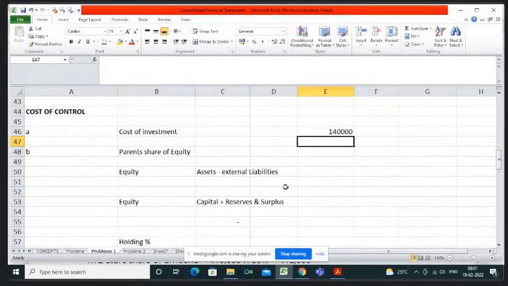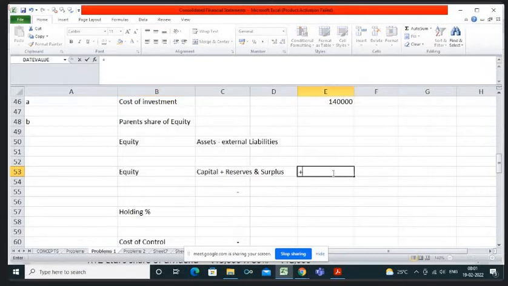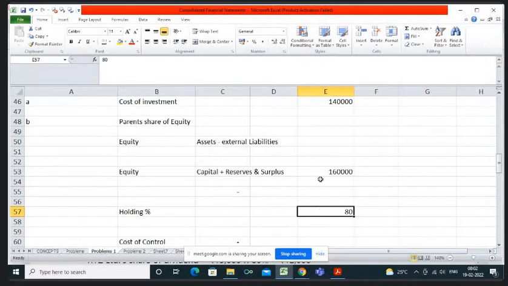Now what do we have to calculate? We have to calculate the parent's share of equity. For that we have to find out the equity first. The amount of equity is 1 lakh share capital plus 60,000 profit and loss account, so 1,60,000 is the equity. Then we see the parent's shareholding percentage, which is 80%. Now what is the parent's share of equity?